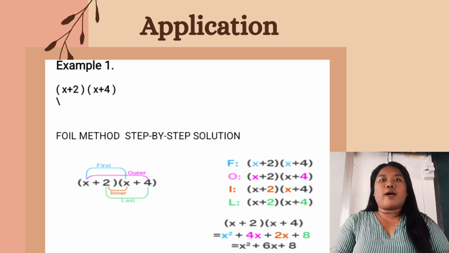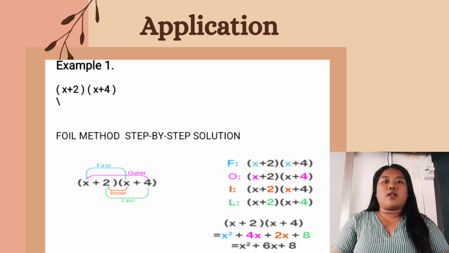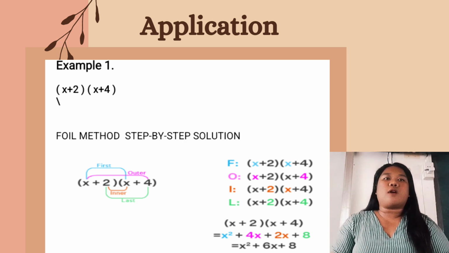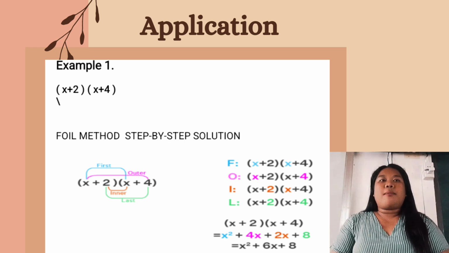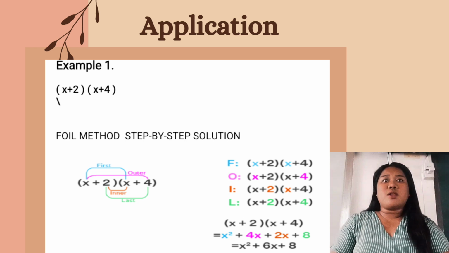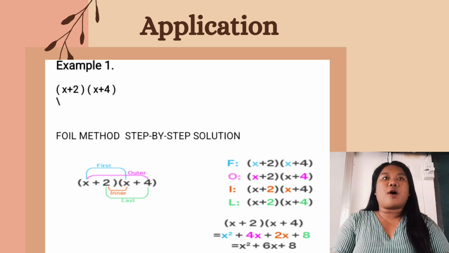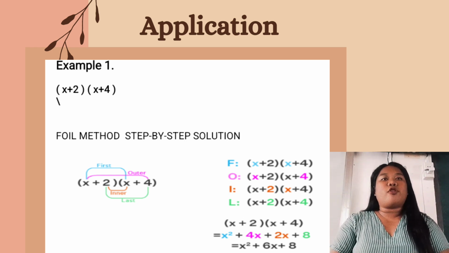So we are going to combine the like terms, and overall, we have the answer x squared plus 6x plus 8. So as you can observe, when we are using the FOIL method, we are dealing with a process and step-by-step procedure.